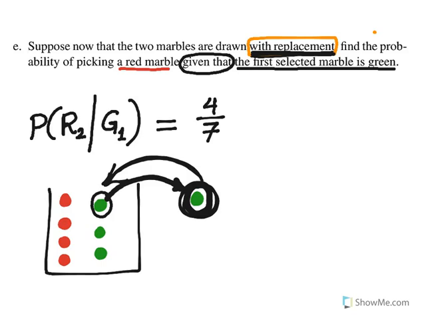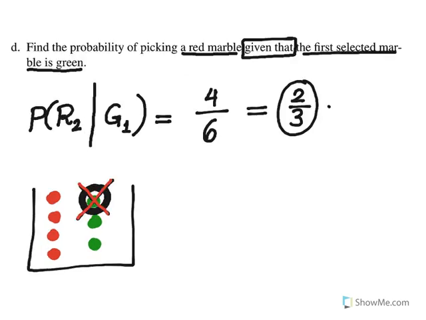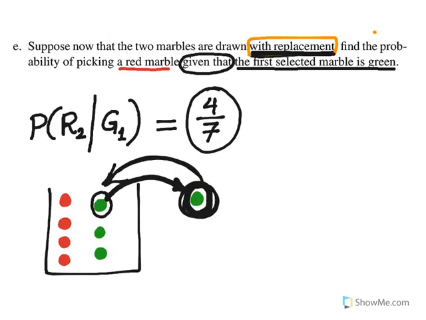It means that you bring it back after you take it. And so make sure that you understand why this is 4 over 7 as opposed to why this was 4 out of 6, the previous one that was without replacement. And that is the end of this question.